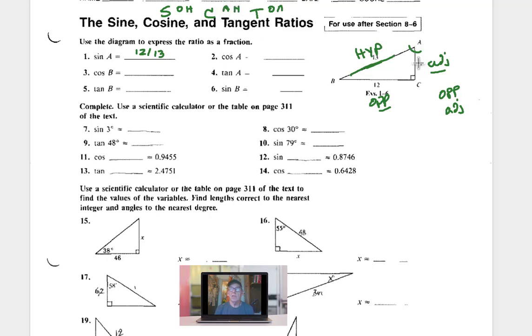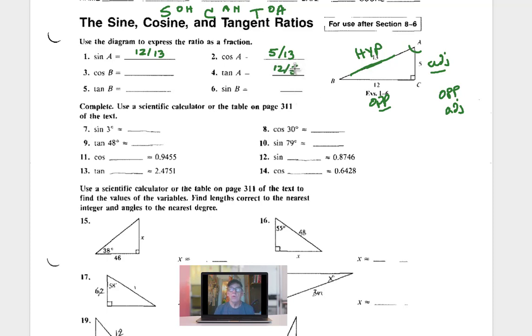Here's A. The adjacent side is a 5. Hypotenuse is a 13. And tangent of A. Tangent is opposite over adjacent. Excuse me, I said hypotenuse. So A is our reference. Opposite is 12. Adjacent is 5.